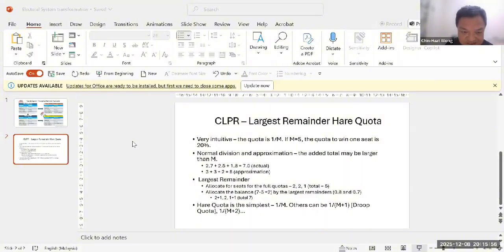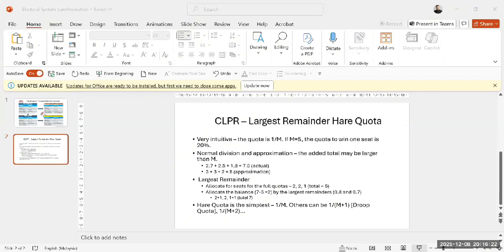Which is the largest? 0.8, followed by 0.7. So the 2.7 now will get 3. 1.8 would become 2. Agree? Do you see what I mean?